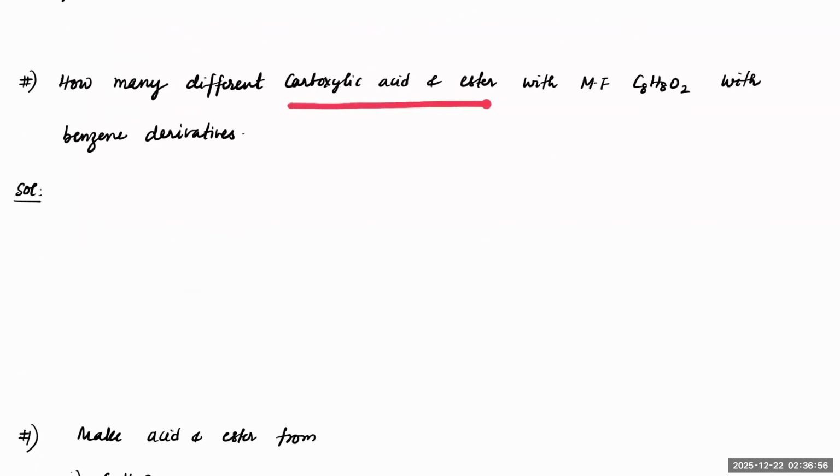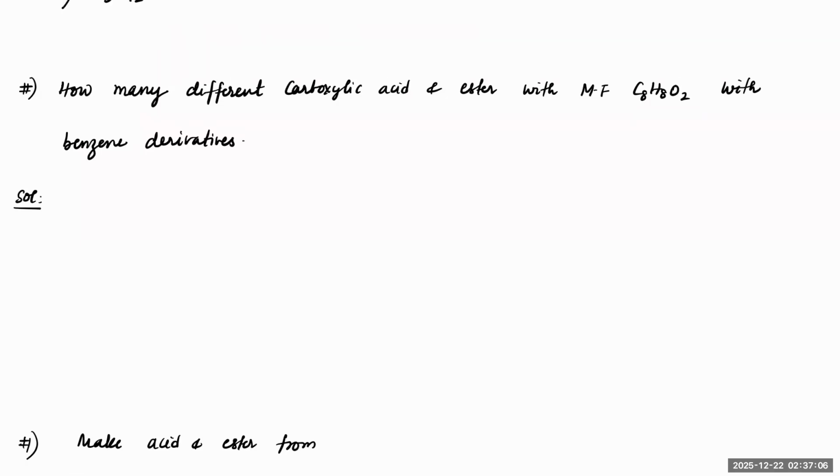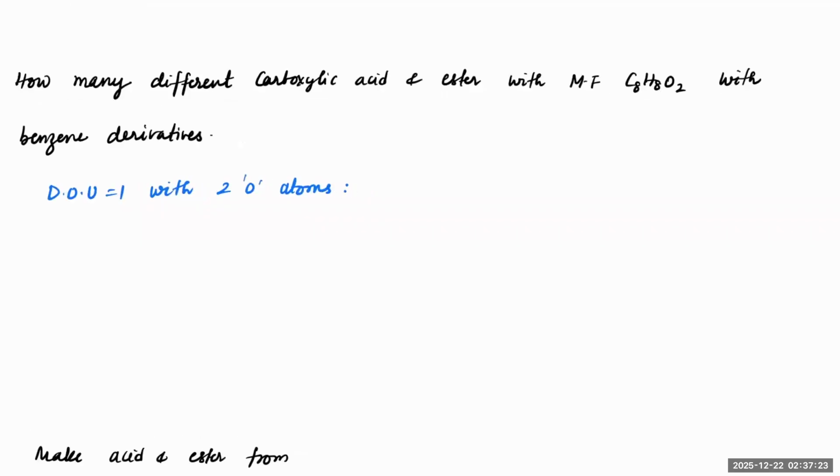Next one is about how many different carboxylic acids and esters we can get out of the molecular formula C8H8O2. Okay. Now, first of all, remember, if you have degree of unsaturation 1 with two oxygen atoms, then what are all the possibilities we can get?